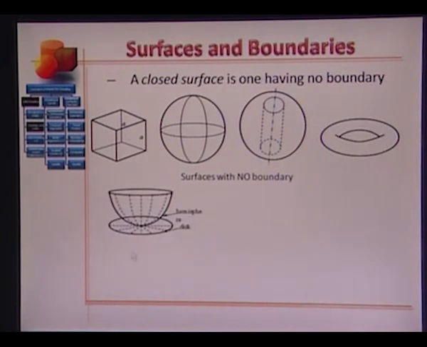Now consider a disk here. You can deform the disk to get a hemispherical shape. In that matter, both disk and the hemisphere are homeomorphic to each other. As you would realize, both of these would have one boundary.